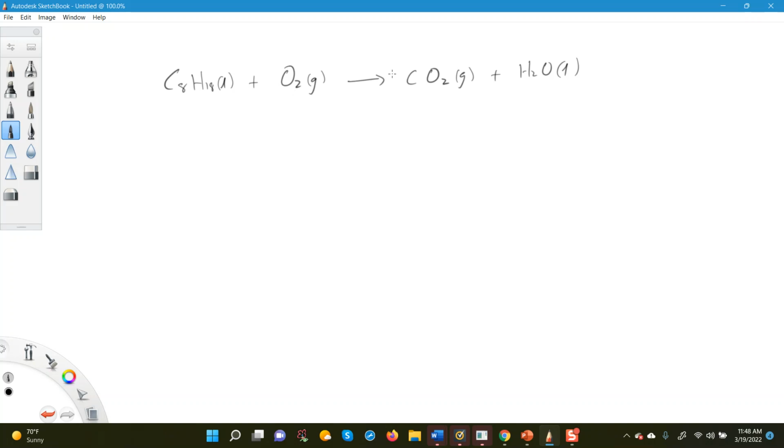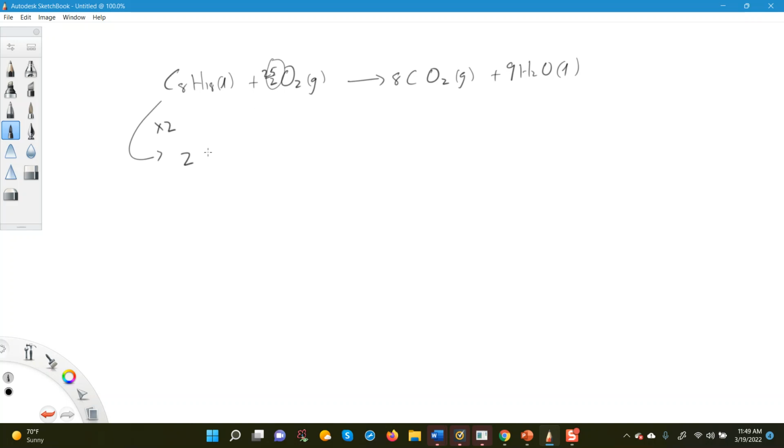And the way we balance it is that we put an 8 here, and for the hydrogens we put a 9 here, and then we have 8 times 2, 16, and 9, that's 25 oxygens. So I would put 25 over 2 here. But of course, we need to convert this to an integer, which means that we have to multiply the entire equation by 2.